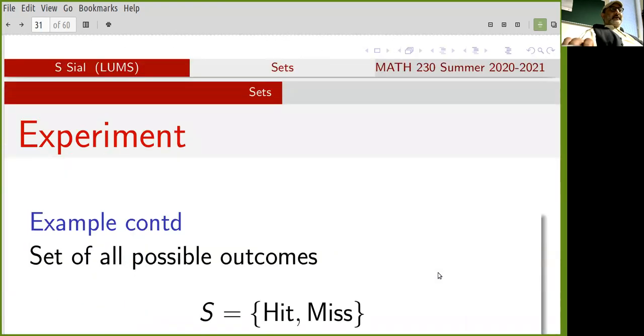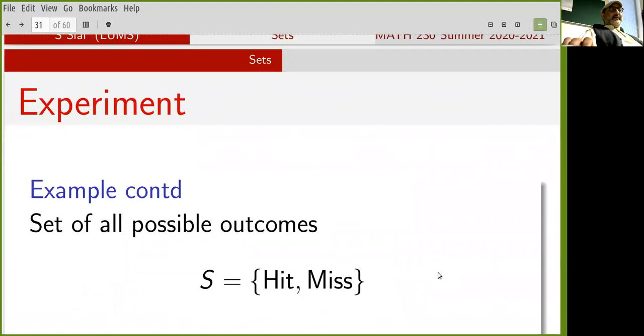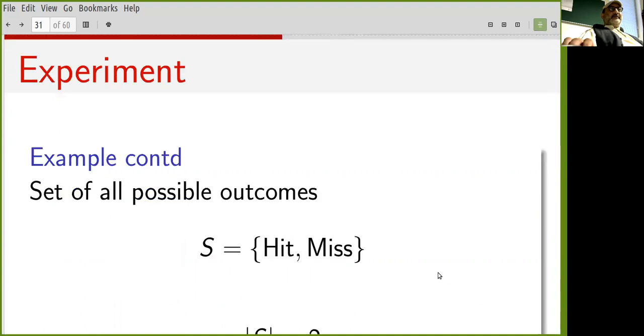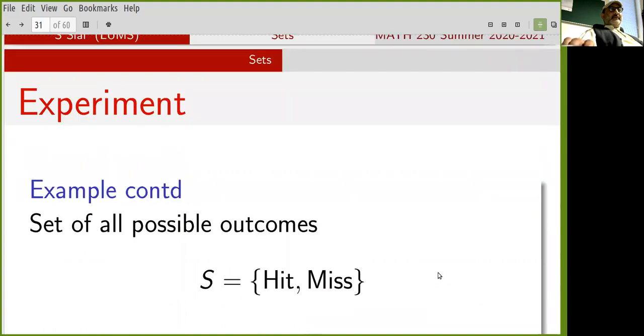Now, what are the outcomes of this experiment? Well, the outcome of the experiment could either be a recorded hit or a recorded miss. What's important in this course, quite often, is the set of all of the possible outcomes.